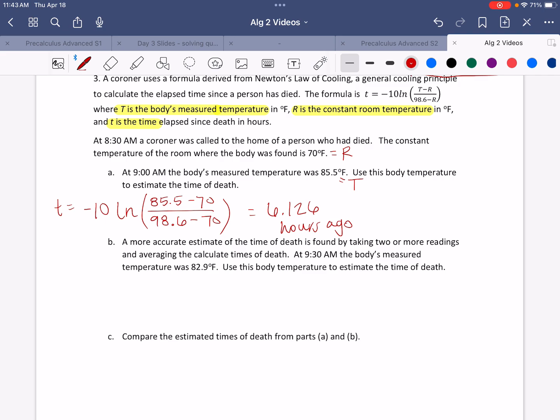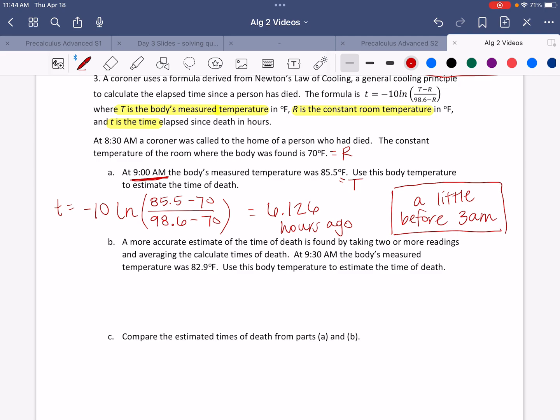So let's think about it: if this is 9 a.m., a little past 6 hours ago would be a little before, and I won't make you come up with the exact amount, but it'd be a little before 3 a.m. And that's 6 hours from when it was measured, which was 9 a.m.